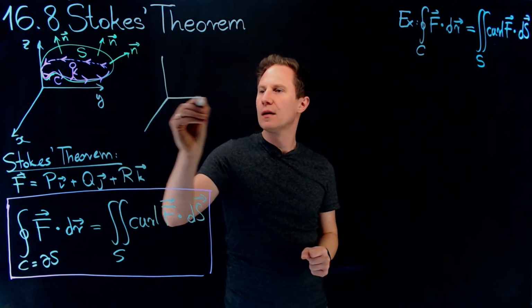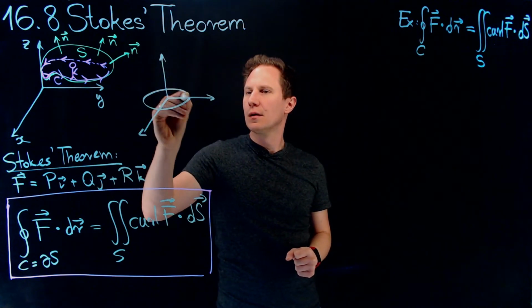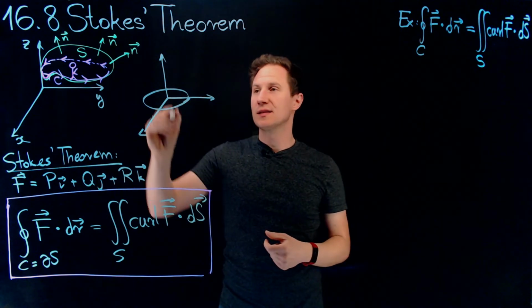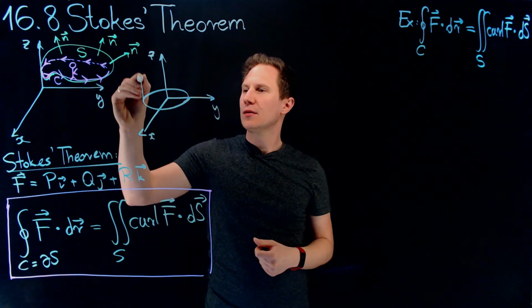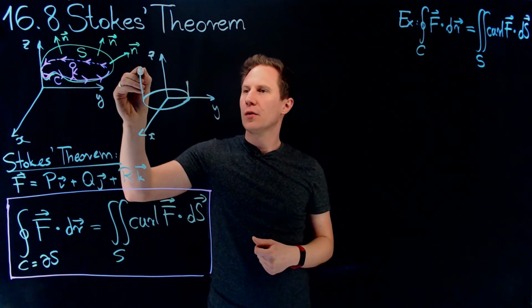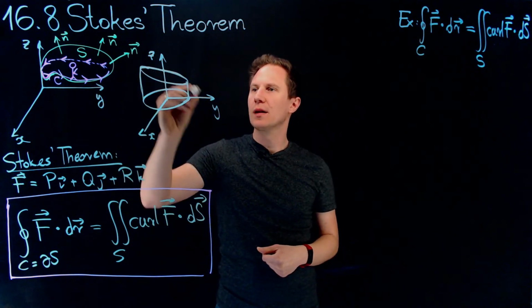What we had is a cylinder of radius 1 with its axis being the z-axis, and we intersected that cylinder by a plane. So cut it like that, or something like that.